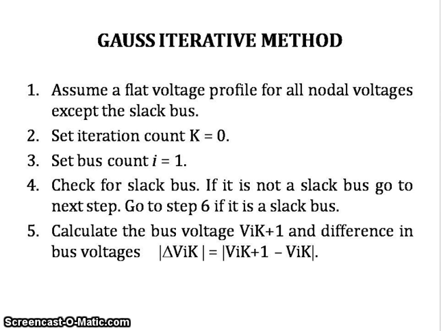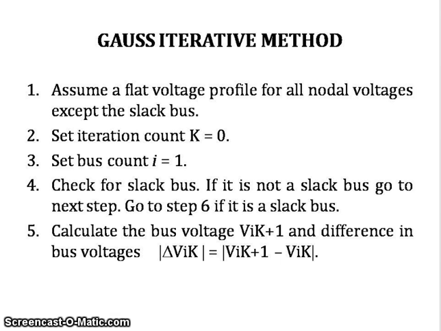Generally, the operational features of composite power systems are mainly three things. One is the load flow problem, another is the optimal load scheduling problem, and another is the system control problem. The load flow problem is the steady state solution of the power system.